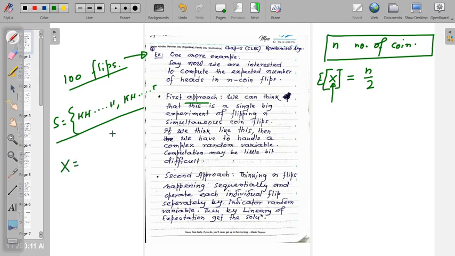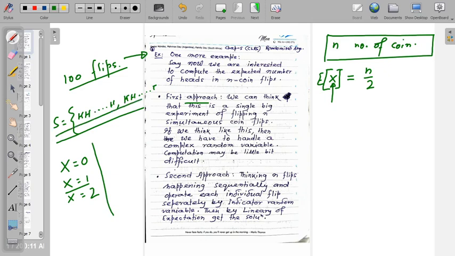If we are having two flips simultaneously, then we have seen x will have value 0, 1, 2. If I am having 100 flips, based on this sample space we have to find out x equal to 0, all T's, then all T's followed by H, so x equal to 1. So all these we have to note down.